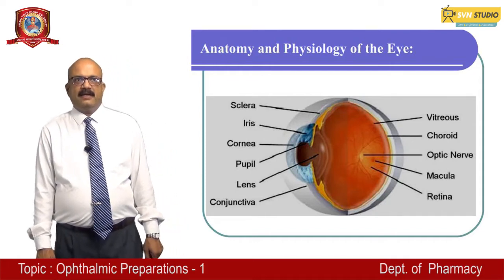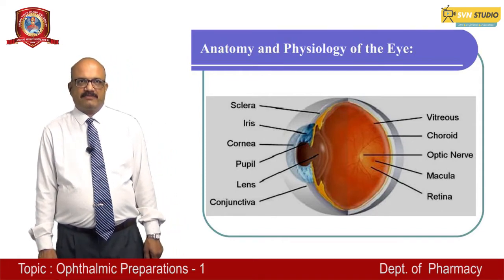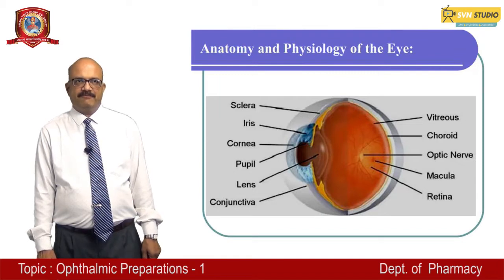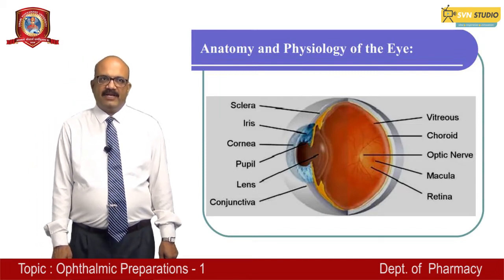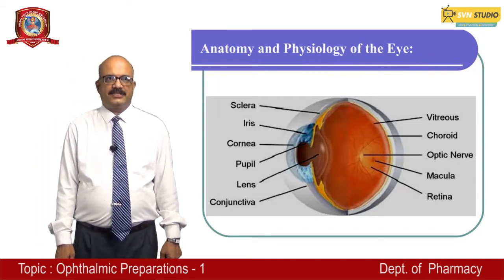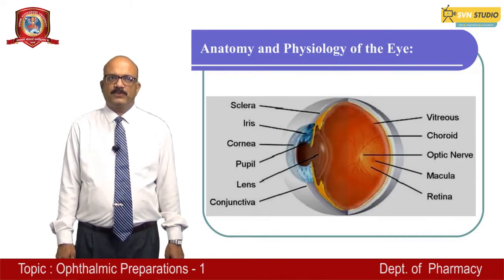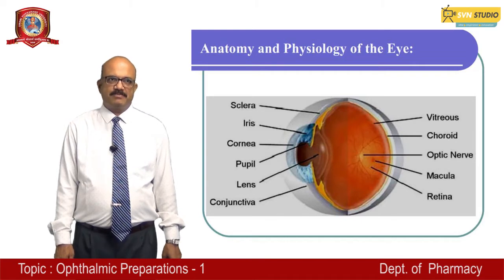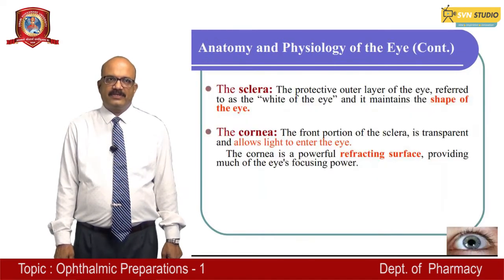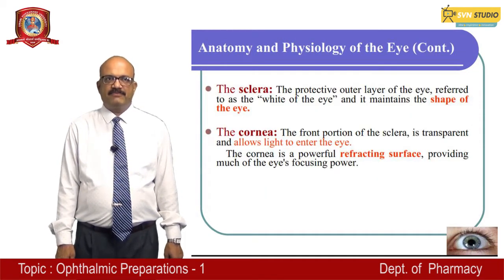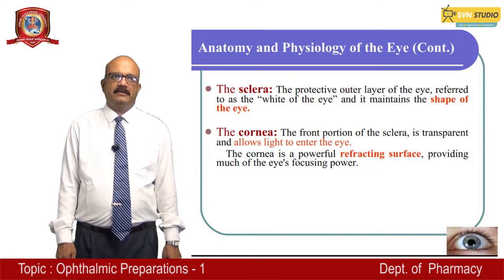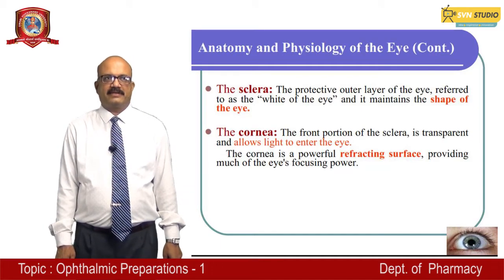The sclera is the protective outer layer of the eye, referred to as the white of the eye, and it maintains the shape of the eye. The cornea, you are all aware, is the front portion of the sclera, which is transparent and allows light to enter the eye. The cornea is a powerful refracting surface, providing much of the eye's focusing power.